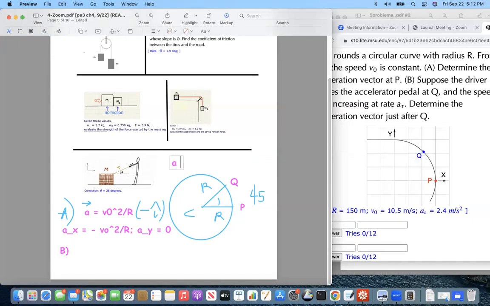The acceleration vector will be minus v squared over r in the r hat direction plus a sub tau in the angular direction.